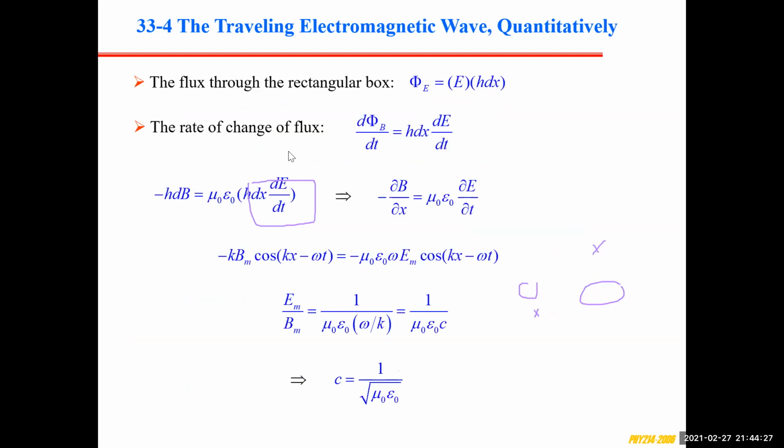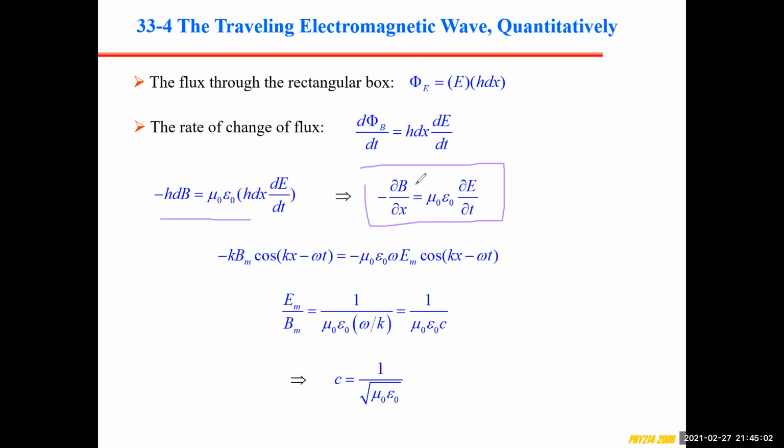Likewise, this is from Maxwell's law of induction. You follow the same steps, and you get this, and then the final equation is this. This equation tells you that when the electric field changes with time, a magnetic field is induced that will advance in space.